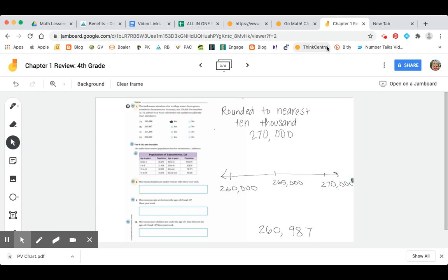All right. This number, 260,987, would be pretty close over here. So it would round to this number here. So that one is out. That's a no.